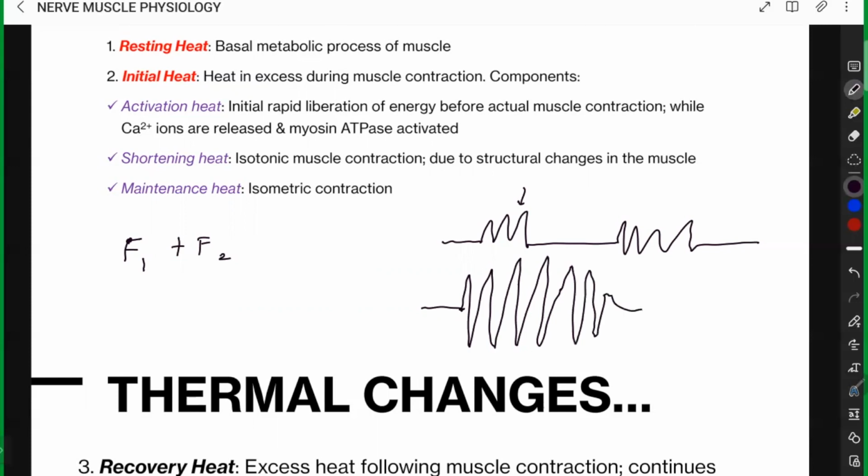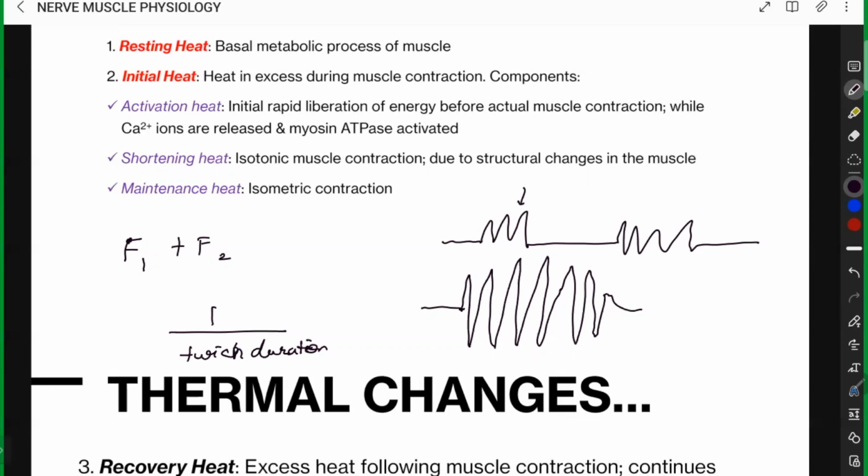Okay, the stimulation frequency at which summation of contraction occurs is determined by knowing the twitch duration of a muscle. What is the tetanizing frequency? It is 1 divided by twitch duration. At what duration one muscle contracts, one muscle twitches, and with that timing you can calculate the twitch frequency.